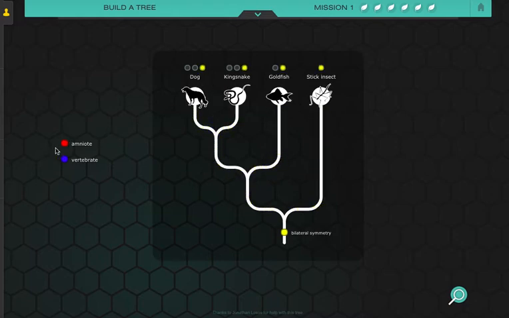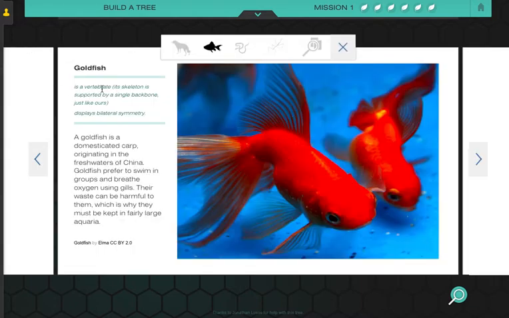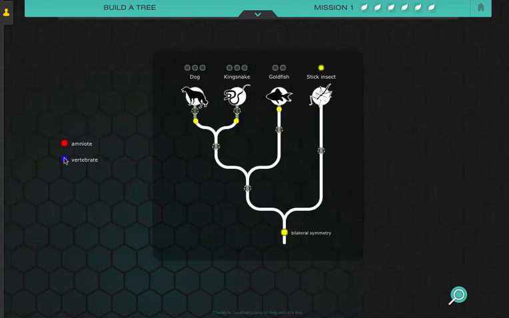All right, let's look. Goldfish also had vertebrate and bilateral symmetry. So I'm going to put vertebrate down here because I know that all three of these have vertebrae. Let's check it out. And we're good.